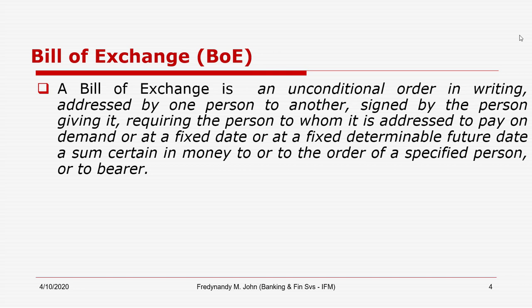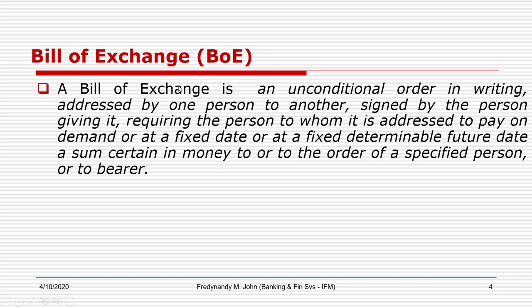2020. Now, from this simple example, we can redefine the bill of exchange so that it can be comprehensible to every one of us. Remember, Freddy is the creditor and Azam company is the debtor.